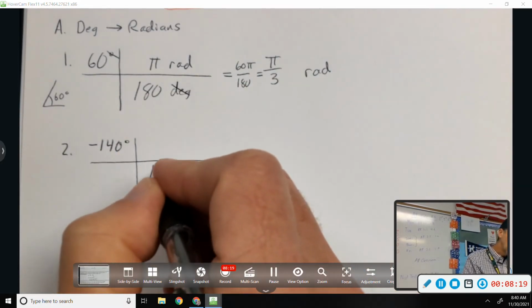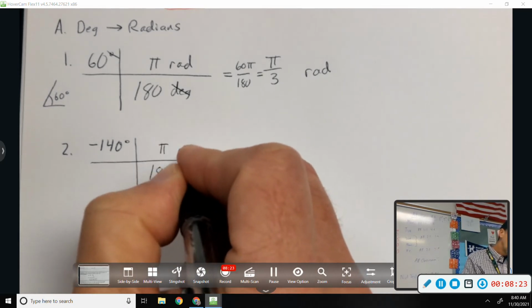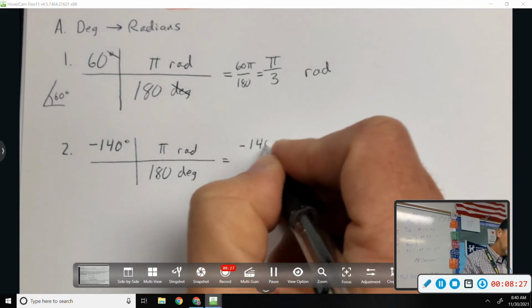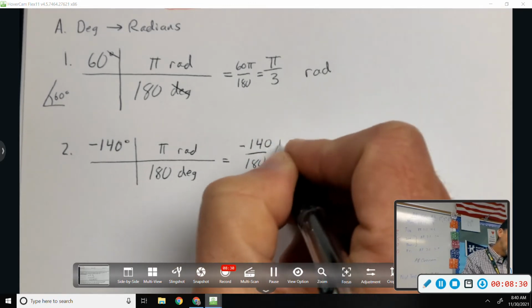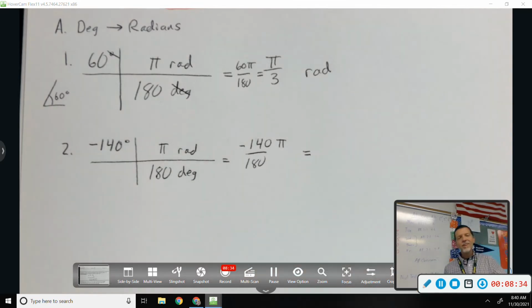I want degrees to go away, so I put degrees in the bottom, which means the radians goes in top. So yeah, you're right. It's not as nice, but it's not awful. What could divide into both of those? 20. If you don't like 20, you can start with 10 and then do 2 after that.